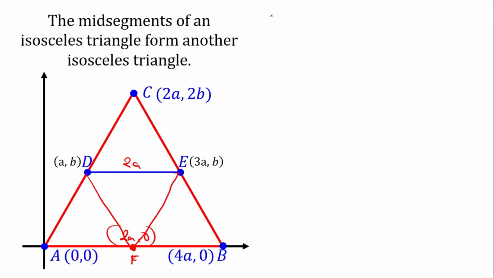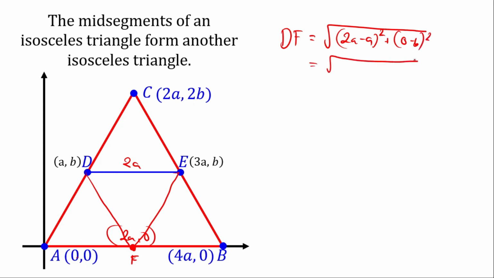Let's find the distance of DF. DF is equivalent to the square root of 2a minus a, squared, plus 0 minus b, squared. That gives us a squared plus b squared. So that is DF. Let's get EF.